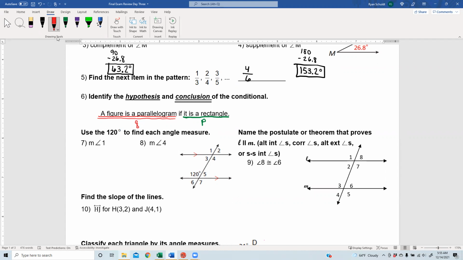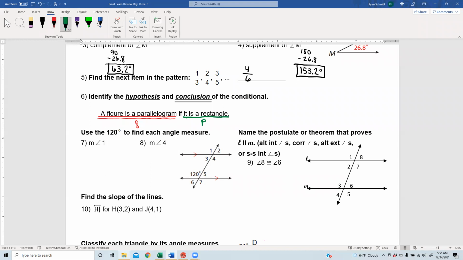And for the next two, we have to use the 120 degrees to find each angle measure. So we have parallel lines here. I've said on the previous reviews, when you're told two lines are parallel, all obtuse angles are the same.